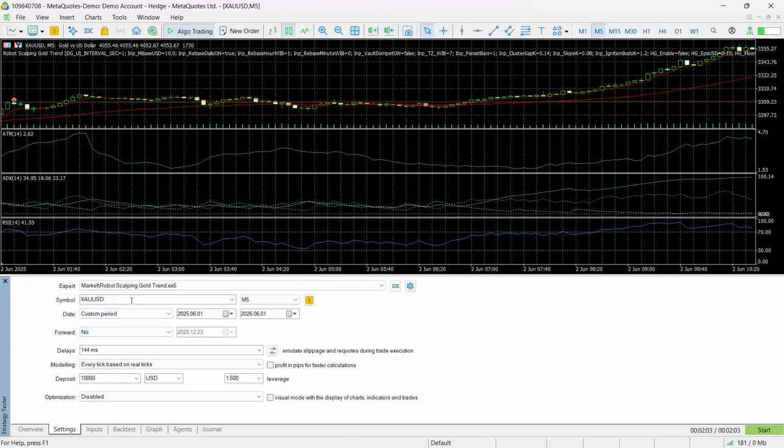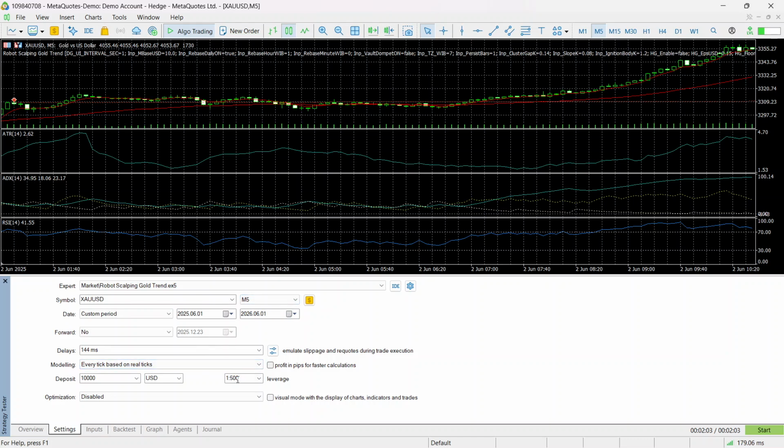I ran this on gold USD, and let's compare my backtest to the sparse claims on the page. Testing on gold USD M5 using everything based on real ticks, such as they did.